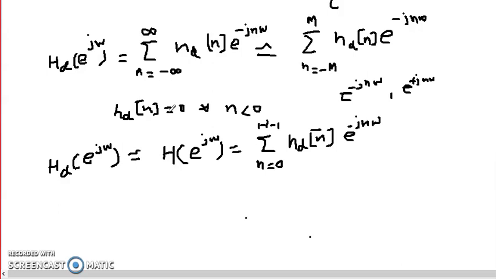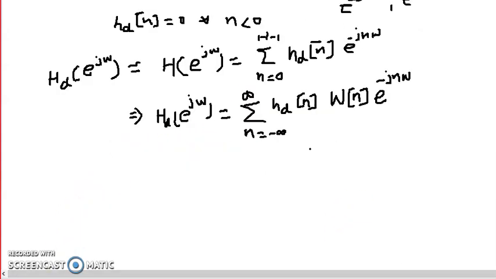So as if an infinite length impulse response is allowed to pass through a window of rectangular shape, we can write it as, let us suppose, this is the approximated transfer function of a finite length filter. Okay, what is basically our assumption?